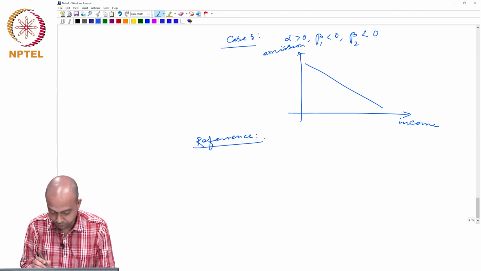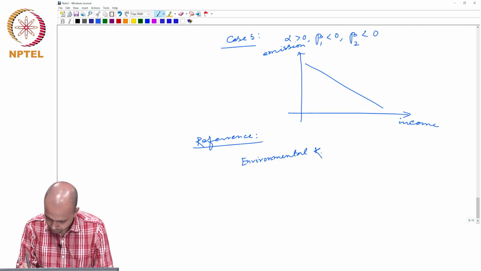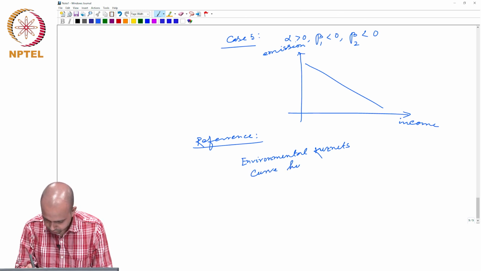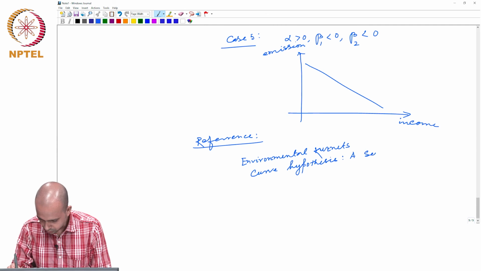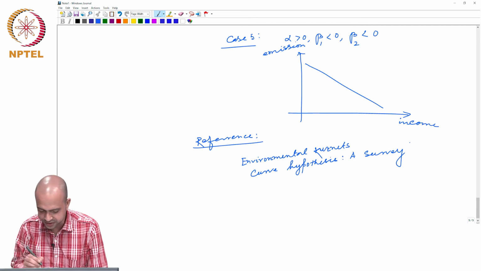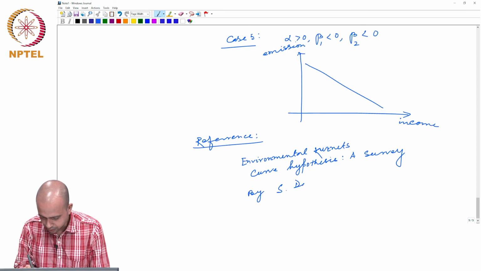The reference is Environmental Kuznets Curve Hypothesis: A Survey by A. S. Dinda.